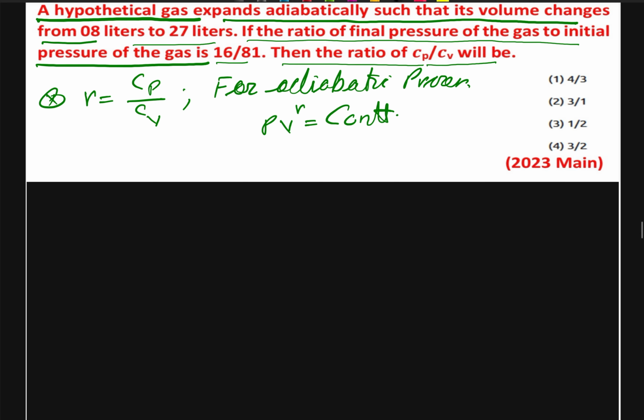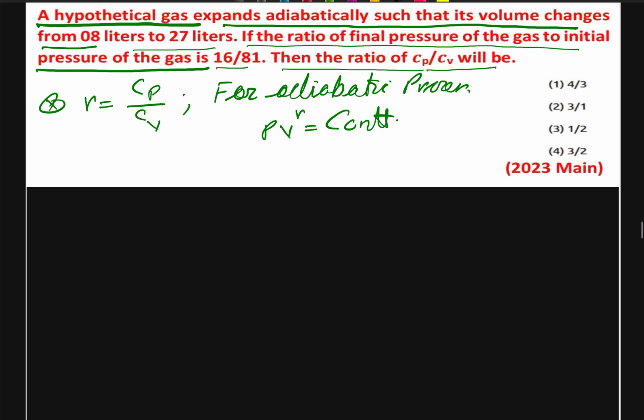So we can divide this into initial and final: P initial times V initial raised to power gamma is equal to P final times V final raised to power gamma.